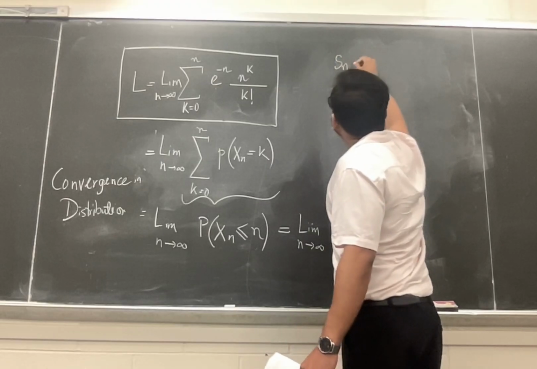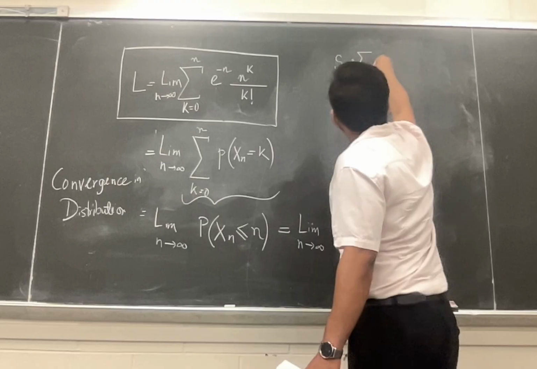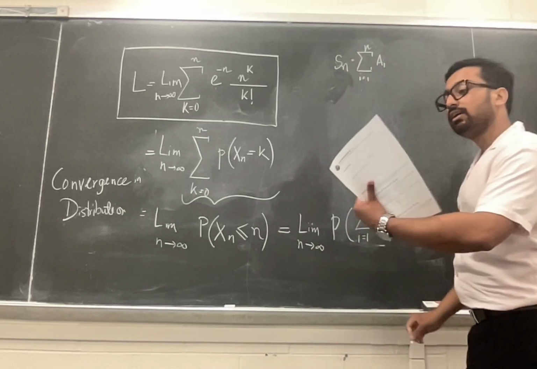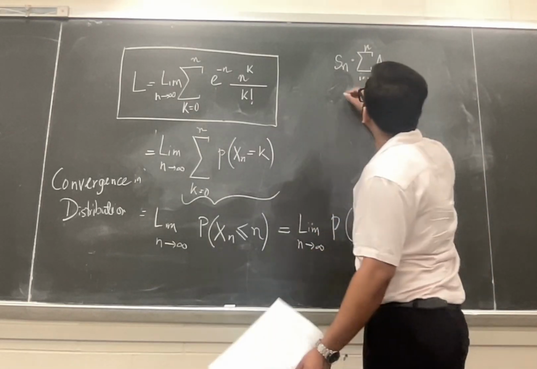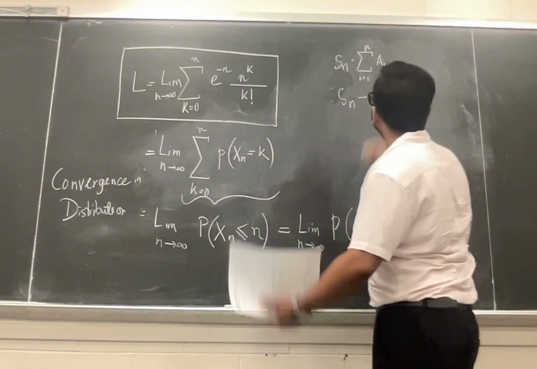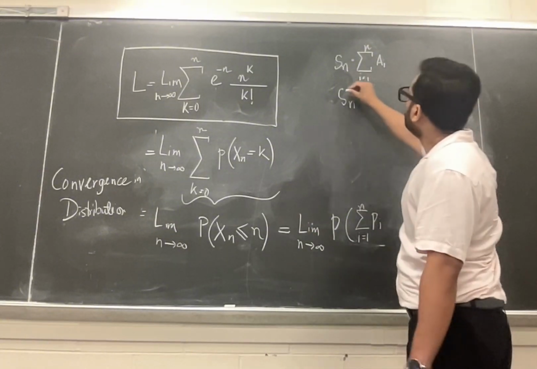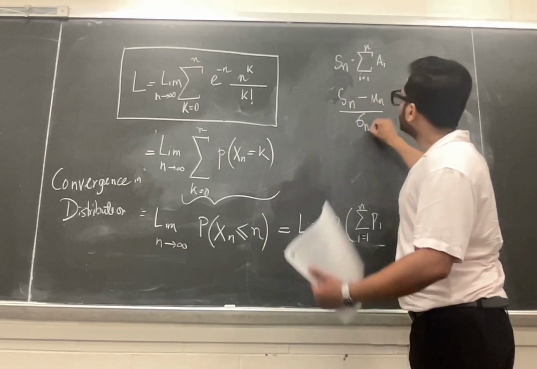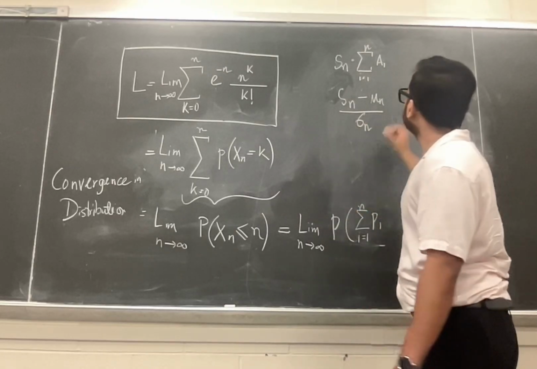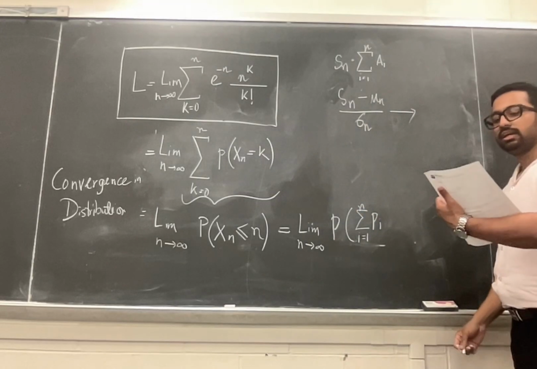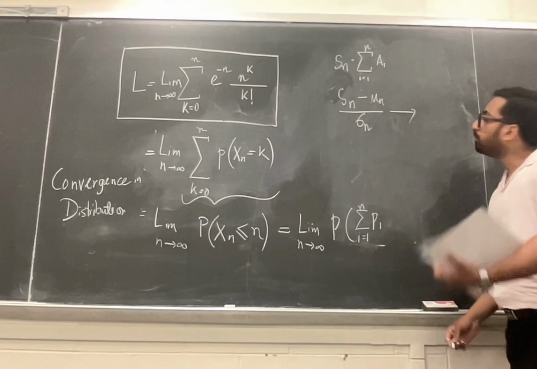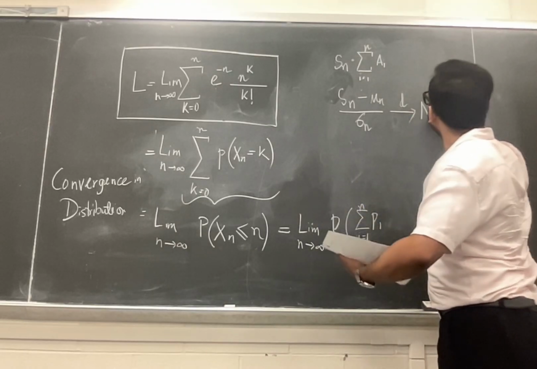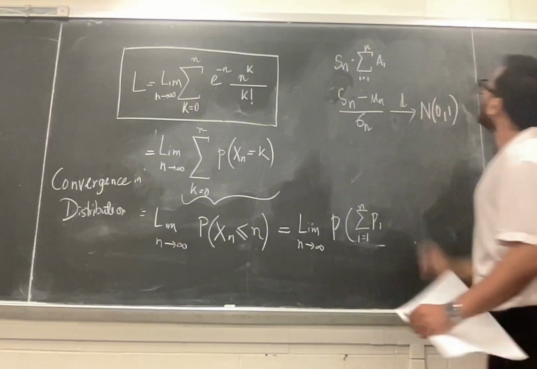If Sn is the sum of some random variables, let's say Ai, i from 1 to n, then the central limit theorem says that Sn minus mu n, divided by sigma n, where mu n is the mean and sigma n is the standard deviation of Sn, converges in distribution to Normal(0, 1).